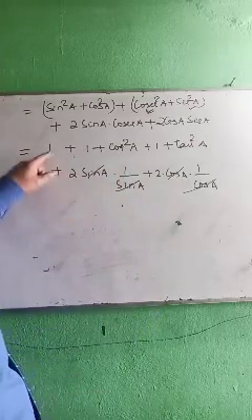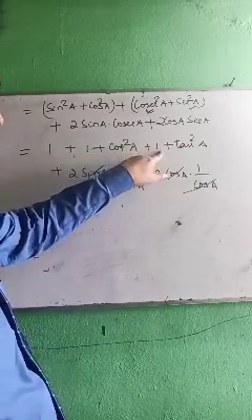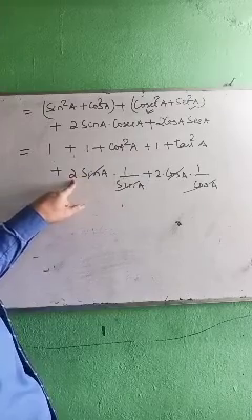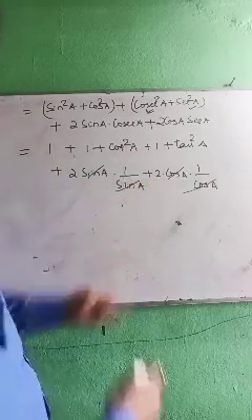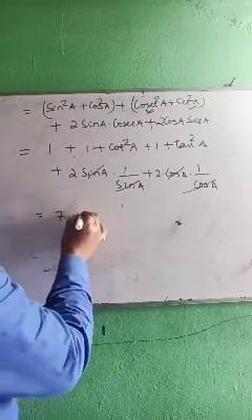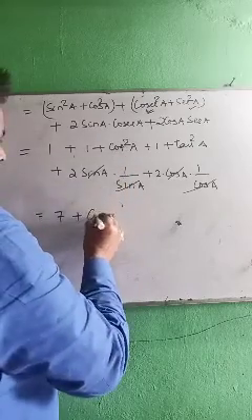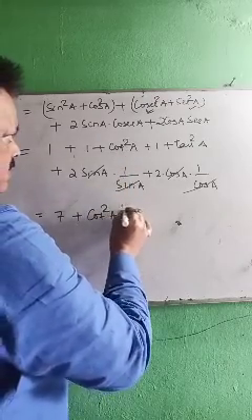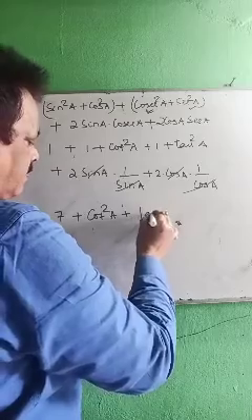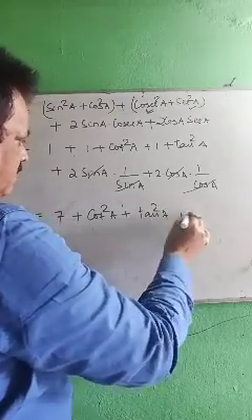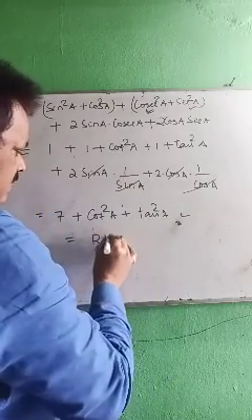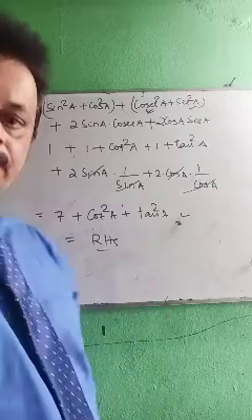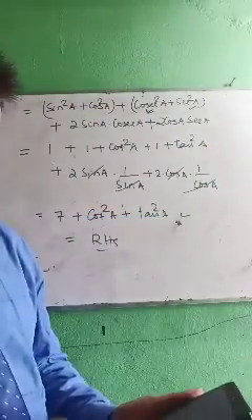So how many now? 1 plus 1 plus 1, 3. 3 plus 2, 5. 5 plus 2, 7. 7 plus cot square A plus tan square A. Proved. This is what you want to prove. Right hand side. Okay, simple only. Follow the technique.